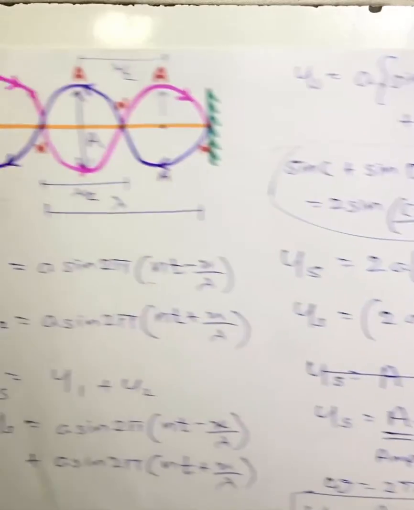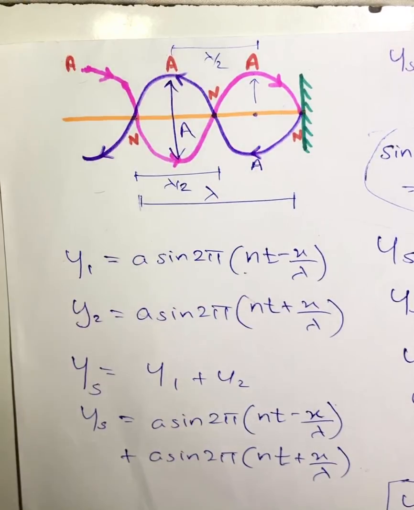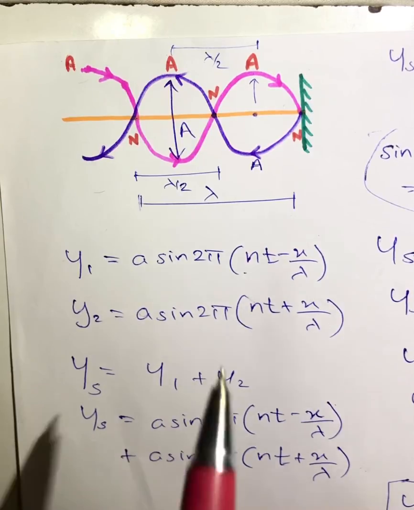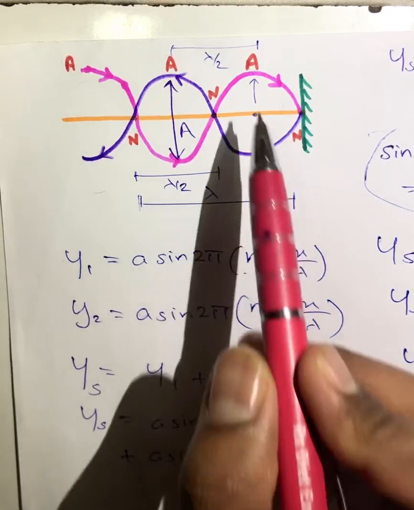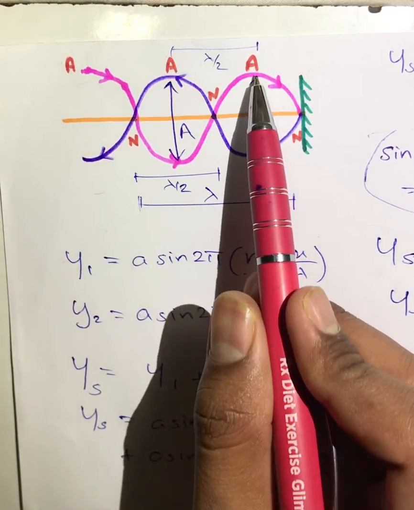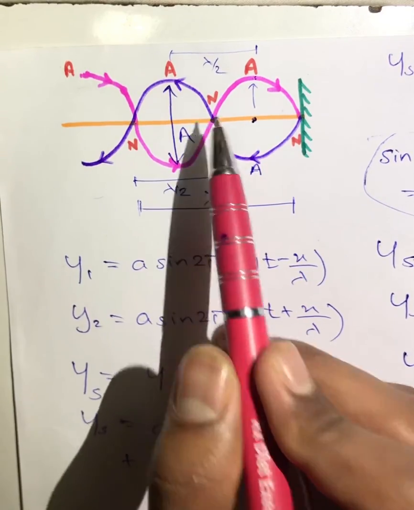So again revising, what we have seen is that if we move the string up and down continuously, we get two waves formed, one which is moving towards the wall and another which is moving away from the wall. The maximum displacement of the point from the mean position gives rise to an antinode, and the minimum displacement gives rise to a node.